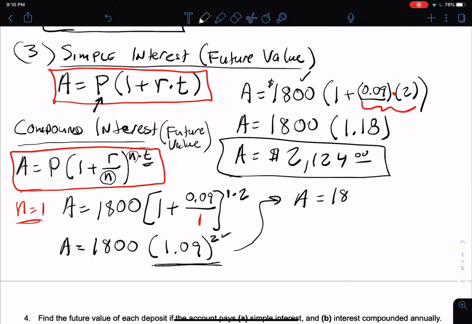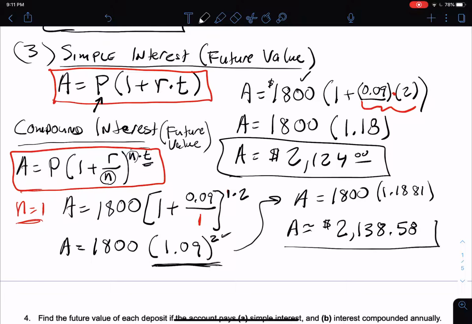We have 1,800, and when we took 1.09 to the second power, we get 1.1881. And then when we multiply that, we're going to get our approximate answer because we're going to round, and it's going to be about $2,138.58. They said round to the nearest penny.